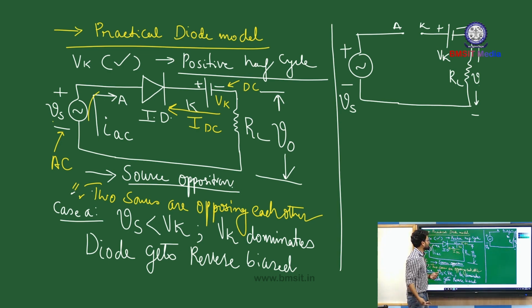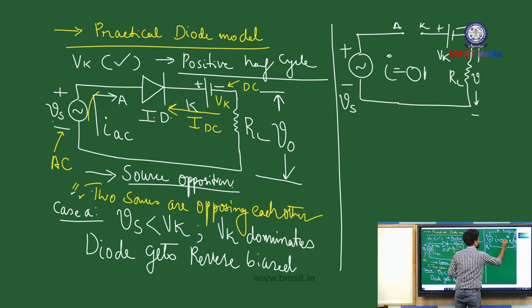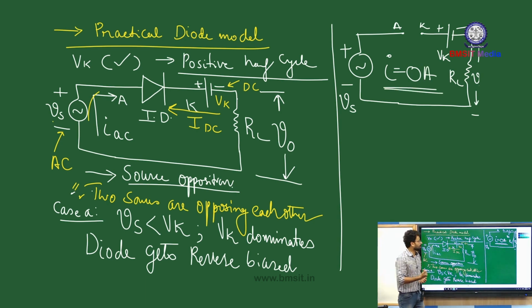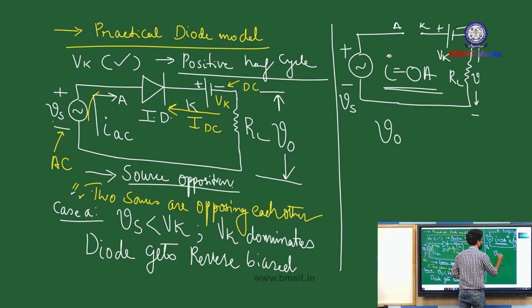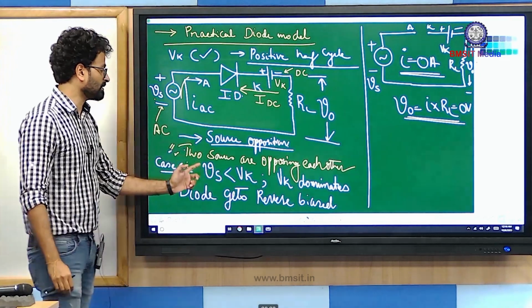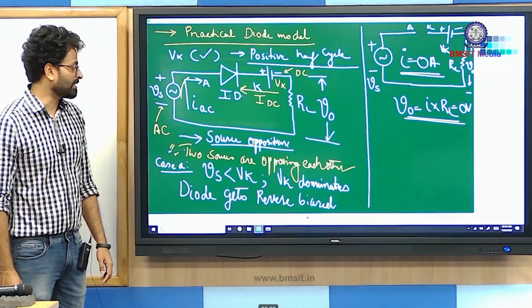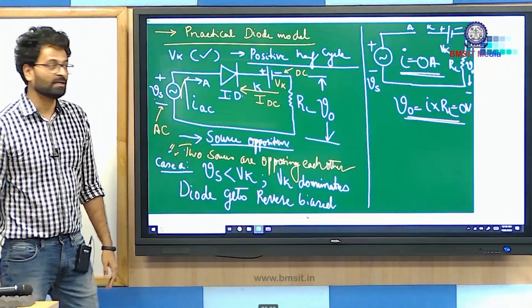Okay, since the diode is reverse biased, you can say that current is 0 amperes, because in an open circuit situation, the current becomes 0 amperes, and therefore your output voltage, which is measured across RL, is nothing but I into RL, Ohm's law, which is 0 volt. So as long as your input is less than the barrier potential, your diode will be in off state.